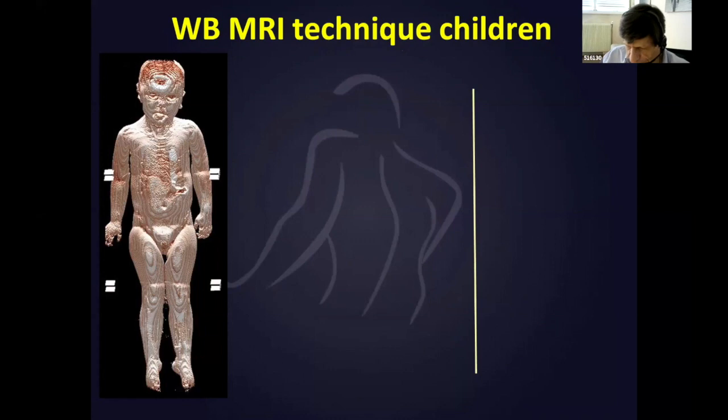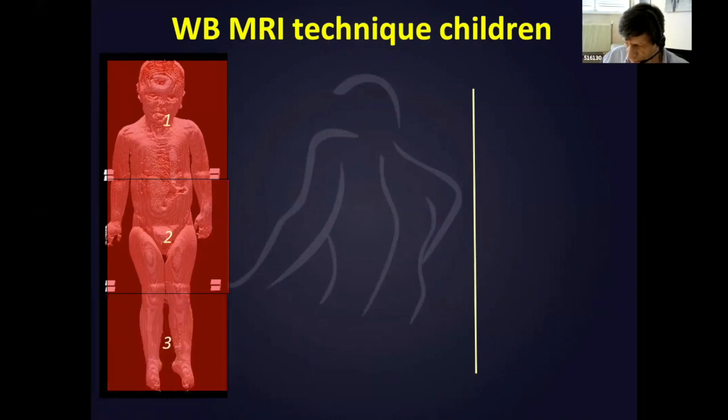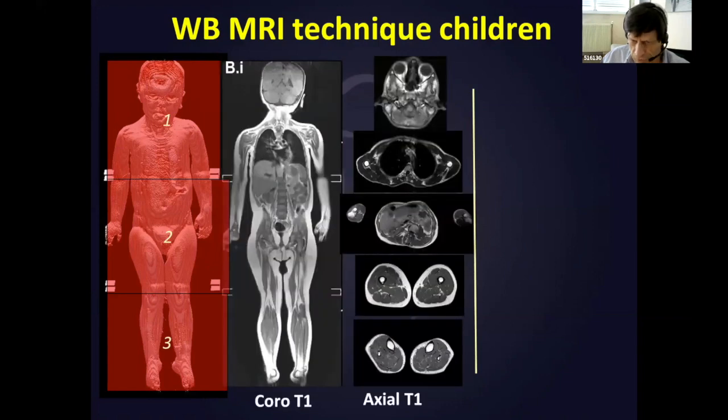The number of stacks is limited in children, but the resolution has to be increased and the acquisition time for each stack is longer. You have to be able to detect subtle changes in muscle and skin structure, and if you don't have a good resolution, you can miss a lot of things.